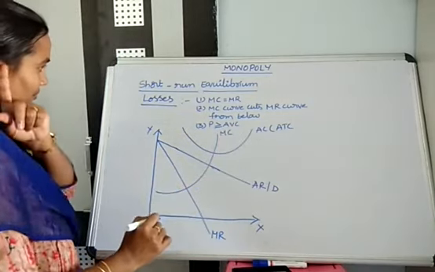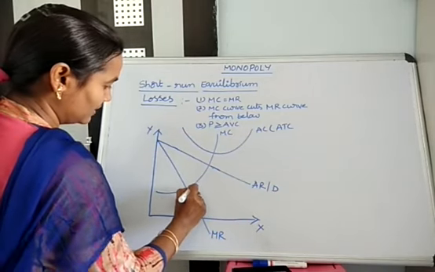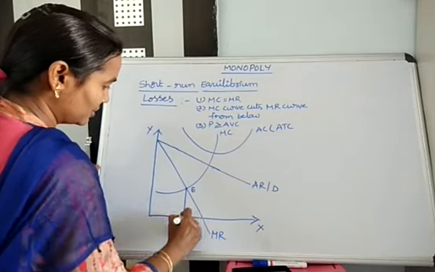And now we find the equilibrium position. The MC curve cuts the MR curve at this point, so this is the equilibrium position.